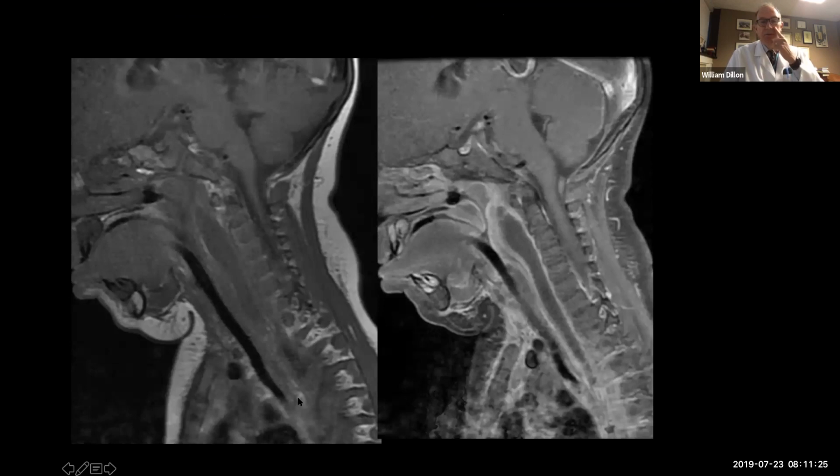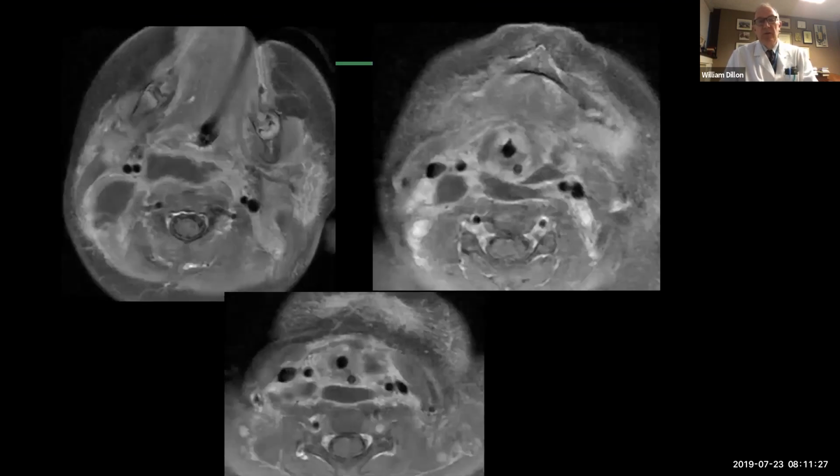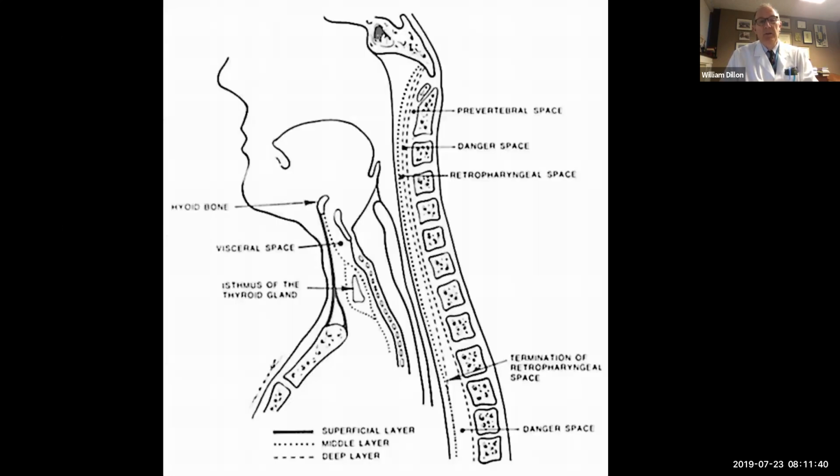So retropharyngeal infections are really very, very dangerous because of that potential to spread inferiorly into the upper mediastinum. A terrible situation with terrible consequences for the patient unless the patient is treated. So this is what we're talking about.